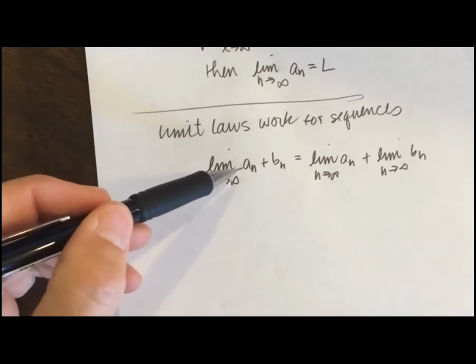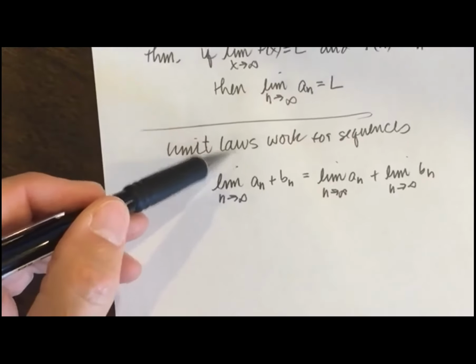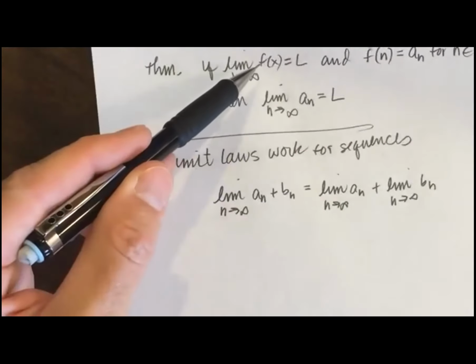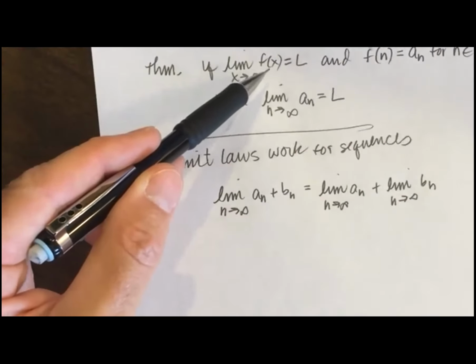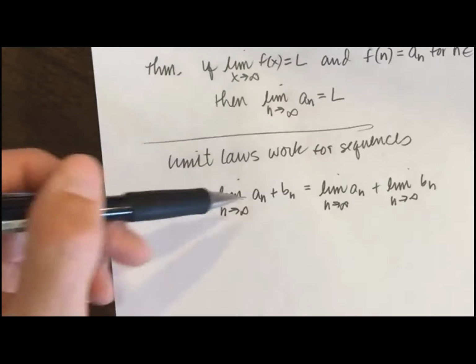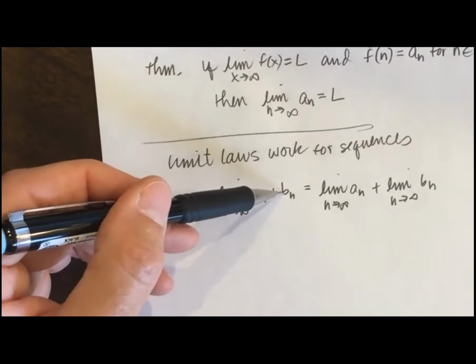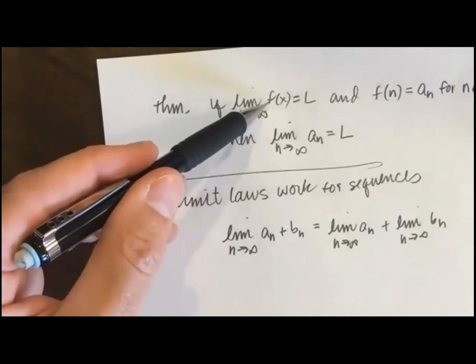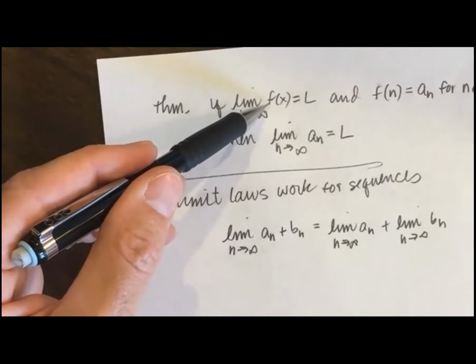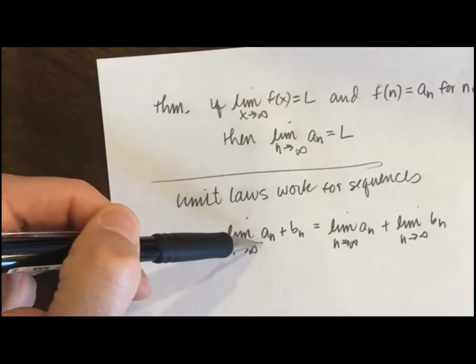I might say that if I can show that there's a function, then the limit law works for functions. So if I know that this sequence follows a function and this sequence follows a function, then I can use the limit law for functions of real values to prove the limit law for sequences.